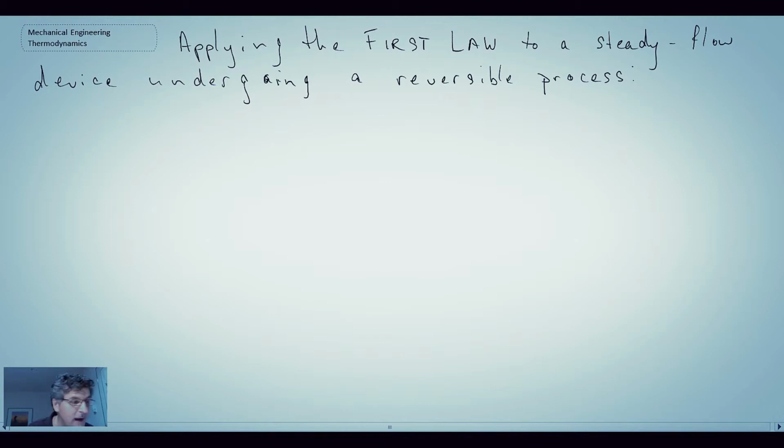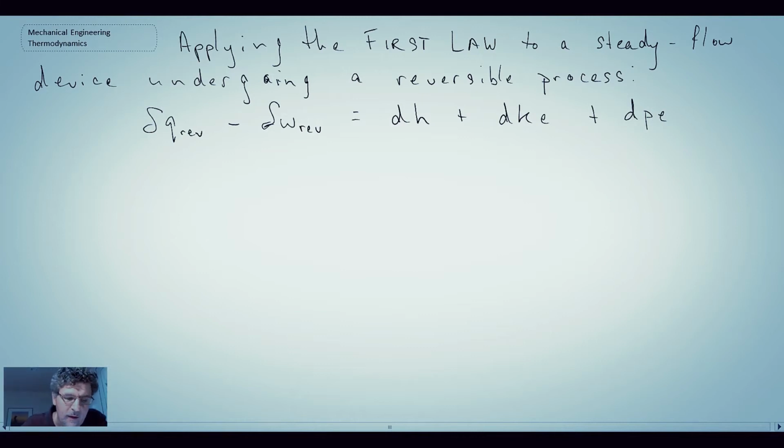With that, our first law looks like this, and we denote REV as a subscript for reversible. Okay, so that is the first law for a steady flow device undergoing a reversible process.